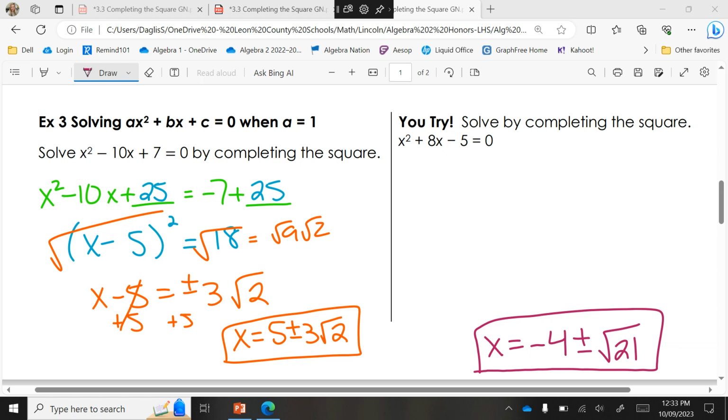Okay, any other questions? Yes? What's up? So, why can't you do square root 4 times square root 1? Can you do that? Square root of 4 times the square root of 1? What are you talking about?